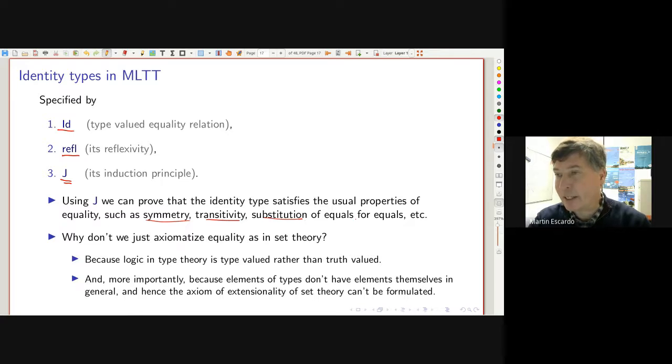We can ask again the same question: why didn't we axiomatize equality just as in set theory? Well, I discussed that because you cannot actually write down the definition in set theory. It doesn't make sense. It is not well formed syntactically.